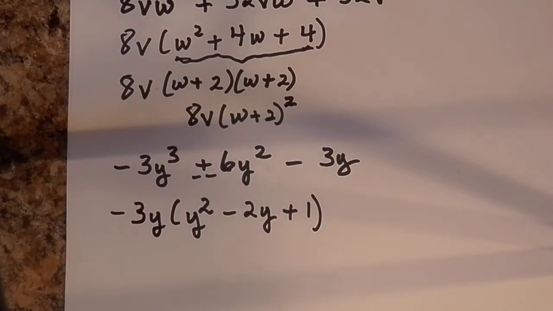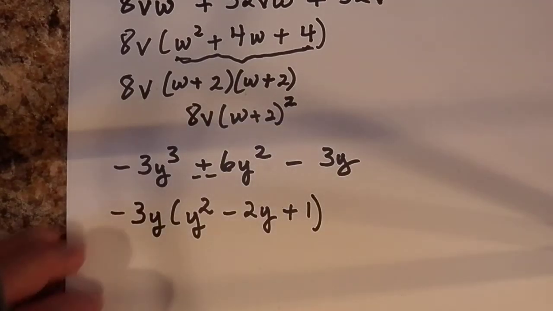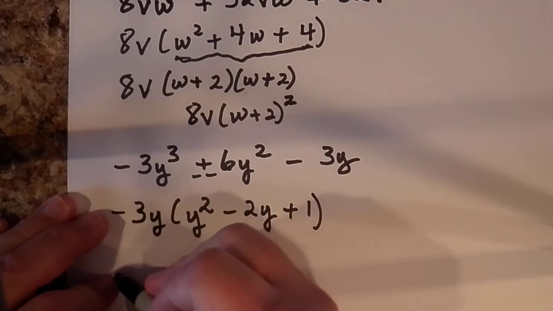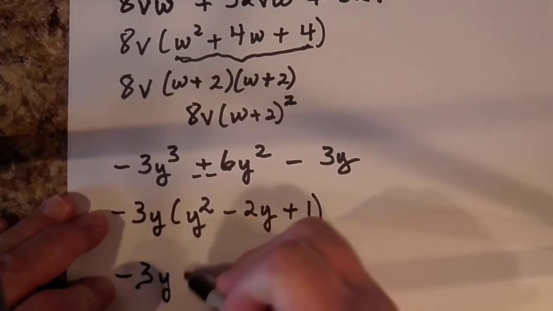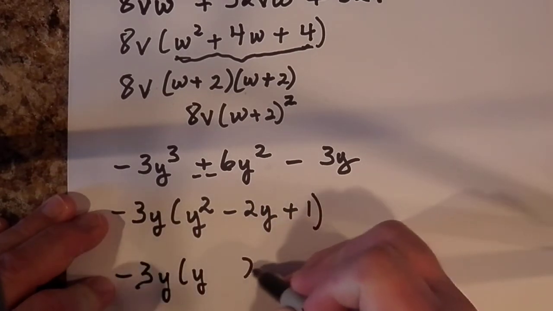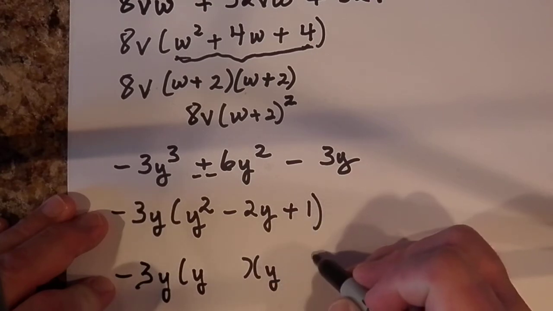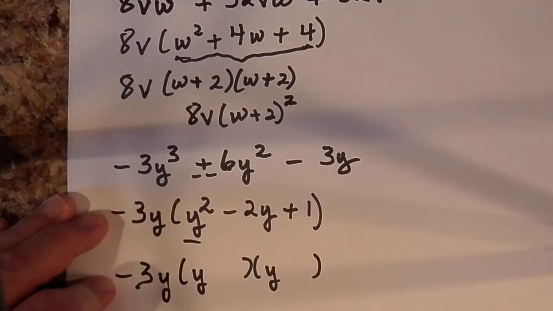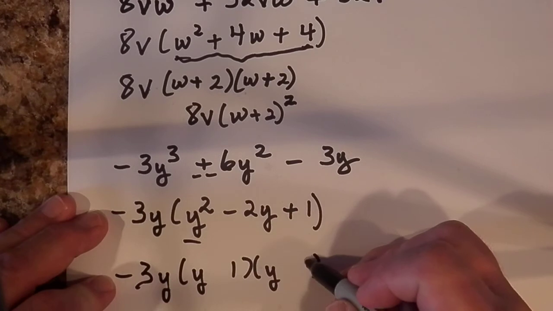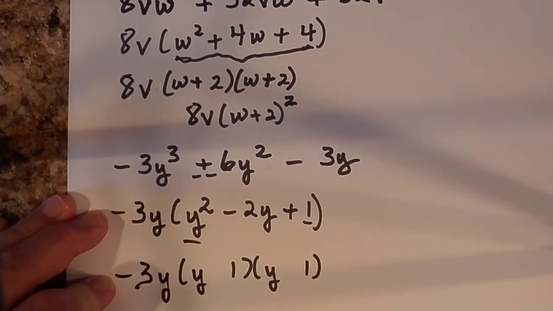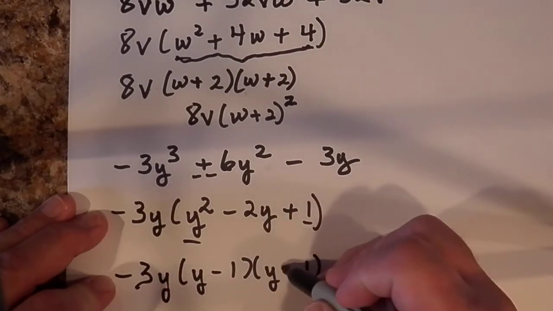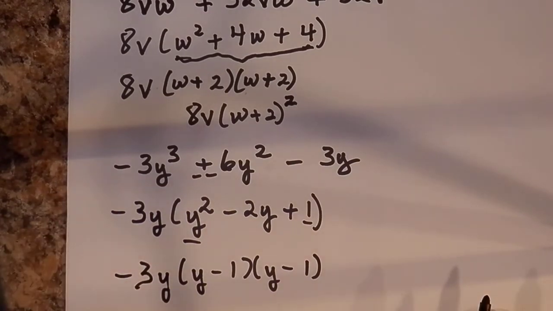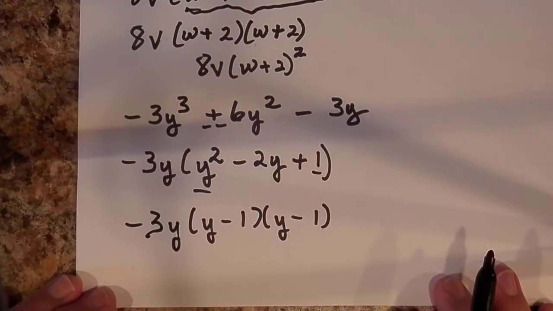This again is a perfect square. Let's take a look. Minus 3y. Y times y gives us this y squared. 1 times 1 gives us this 1. And if these are both negative, then I have y minus 1 times y minus 1.